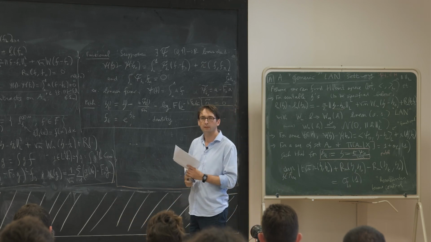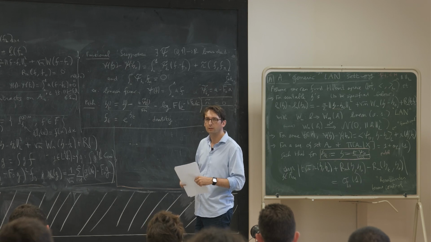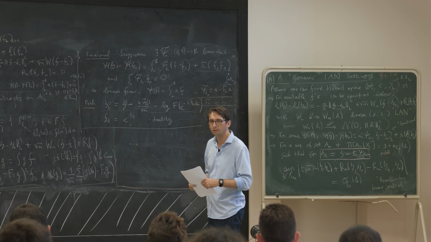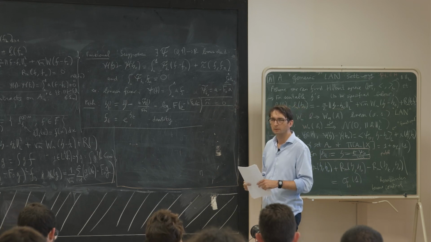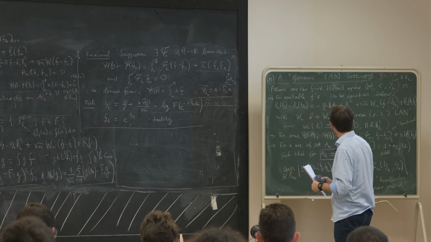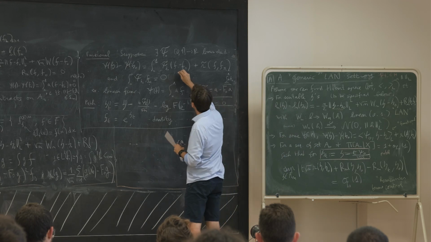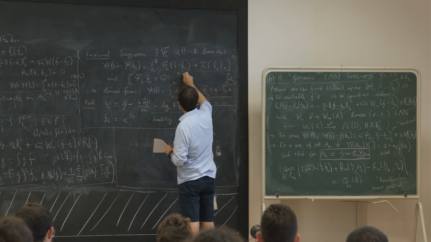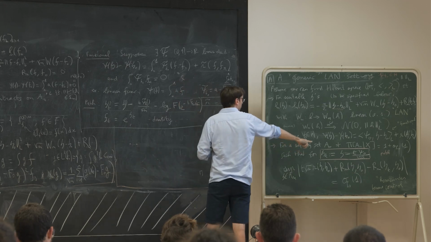Yes? I don't understand why you make these assumptions on the functional, because it's not the same assumption as, if I understand correctly, you don't translate the assumptions here. Yes, so if I want to make this correspondence, I have to say that this is the Lahn norm, which is written here.